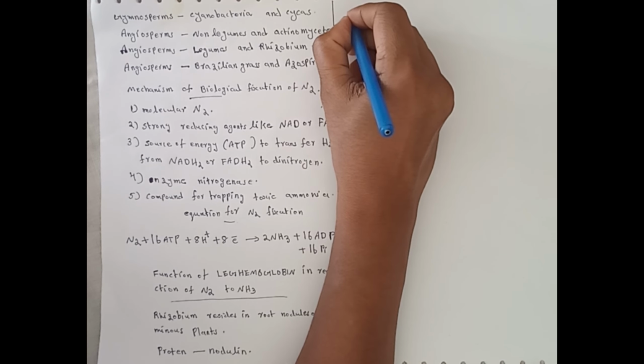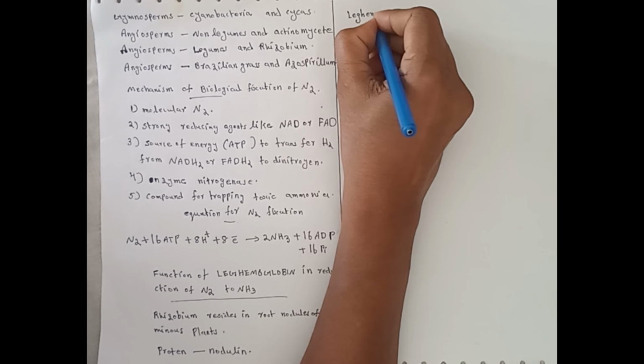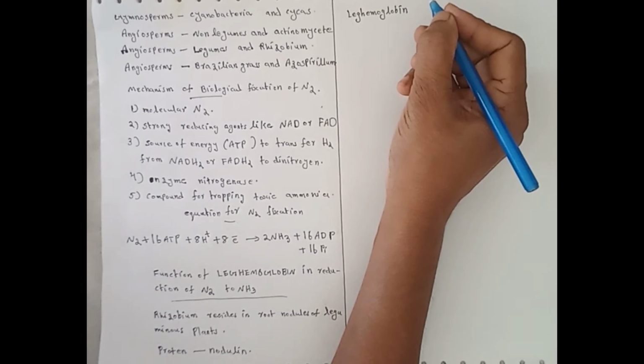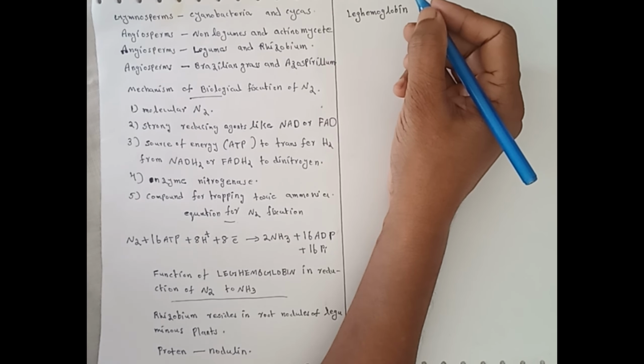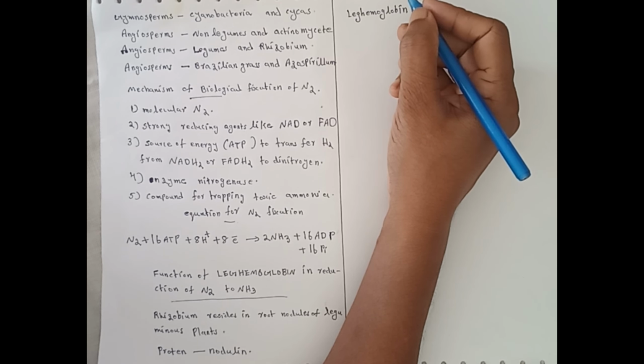The leg hemoglobin is produced as a result of interaction between the bacterium, that is Rhizobium, and legume root.